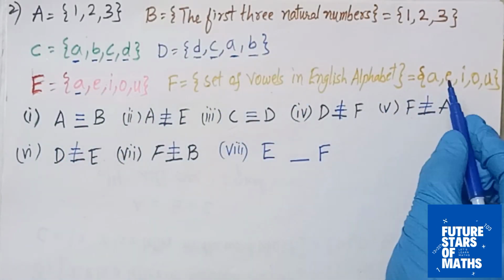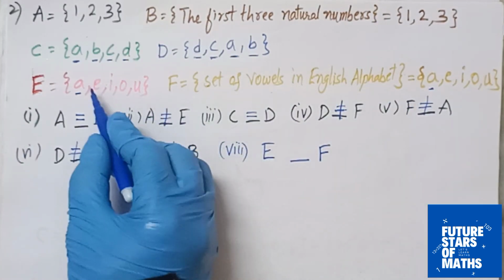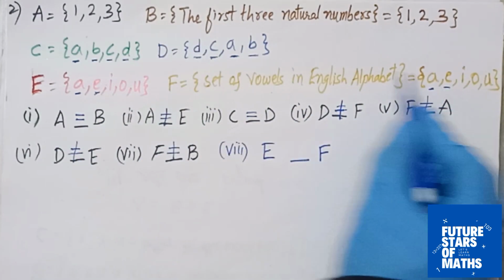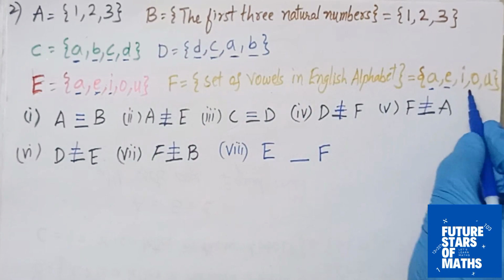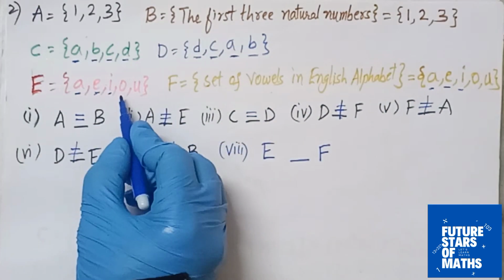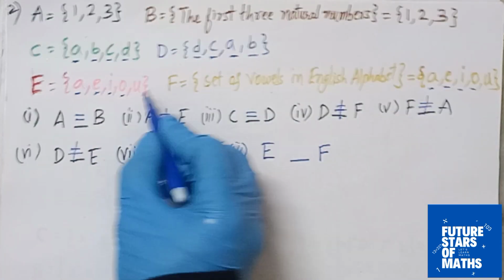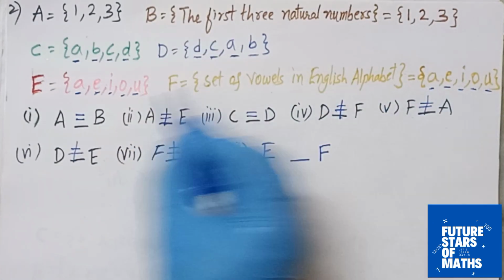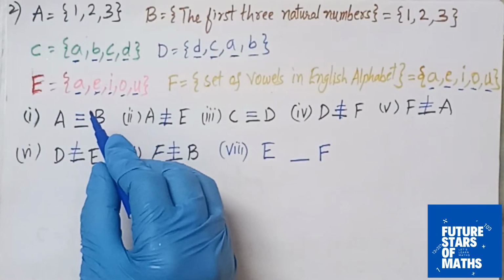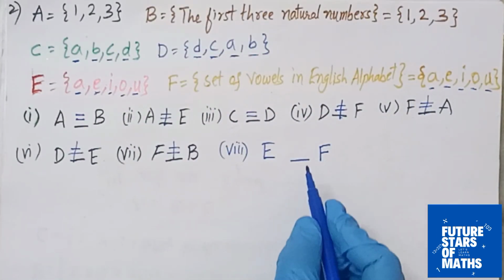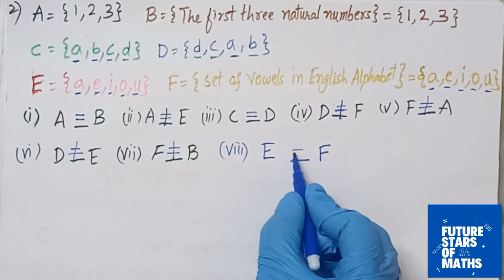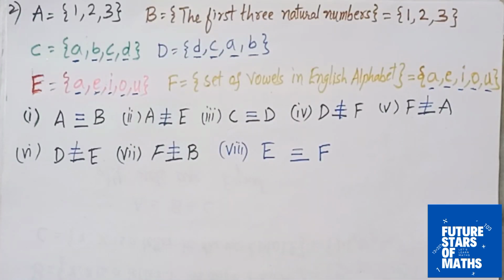Here we have A, here also we have A. Here E, here also we have E. The next element is I, here also we have I. O, O, U, U. The number of elements is the same and the elements are also the same. So what will we get here? Equal to. Okay. Now we'll move to the next sum.